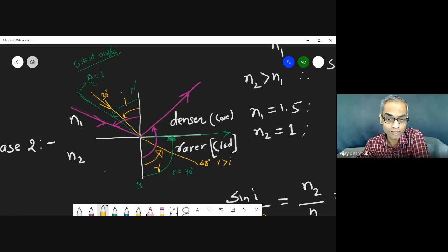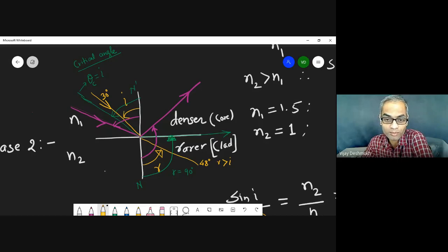In the same way, if we take some angle, say for the pink, probably magenta. I'm colorblind in this case. So this magenta ray incidence, then the angle of refraction is more than the angle of incidence.